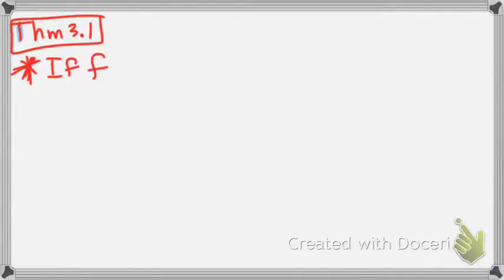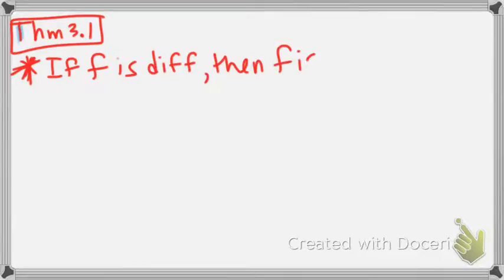If f is differentiable at x equals a, then f is continuous. So if you know that you can find the derivative there, then you know that it's continuous. Will that work if we flip-flop them?